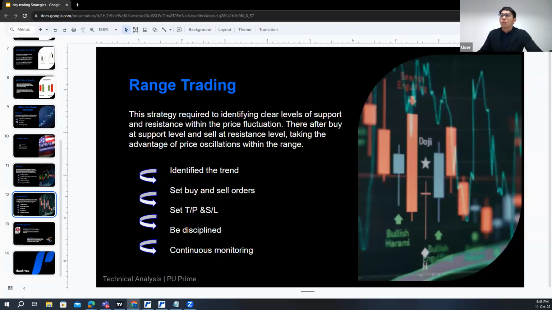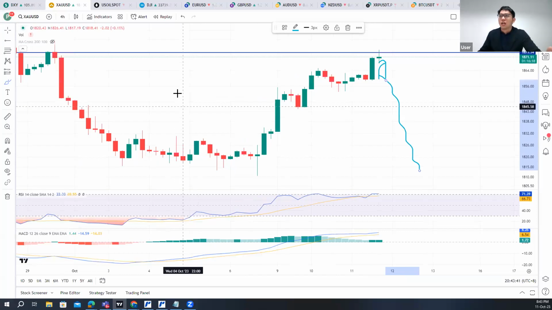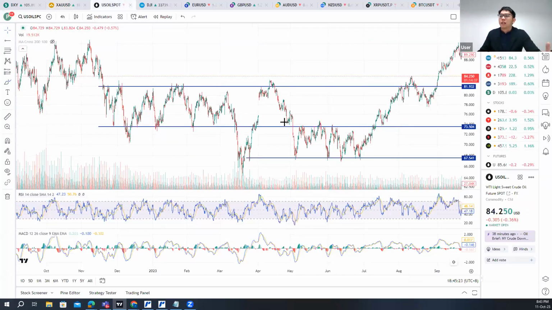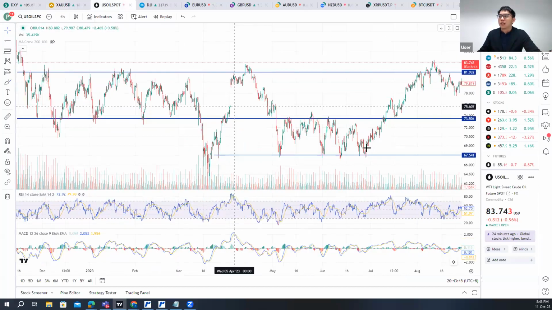So moving on, the third one that I want to share with you is range trading. Range trading is when the market has no direction and we have a long price consolidation range. If you have traded in the market for long, this is what happened with the oil price previously.